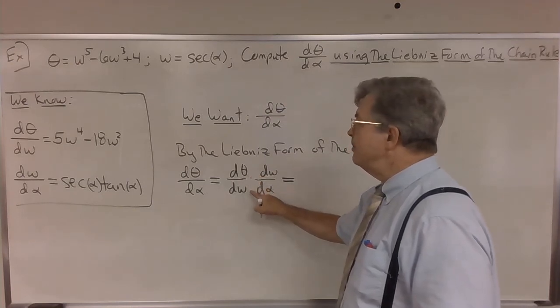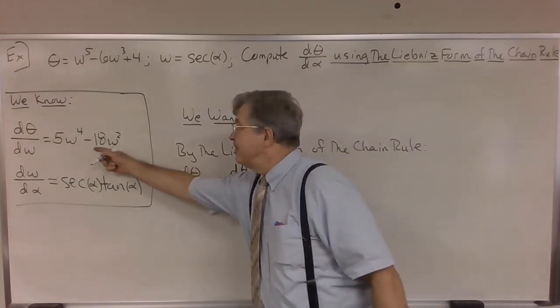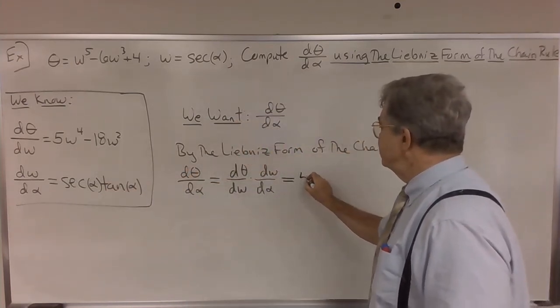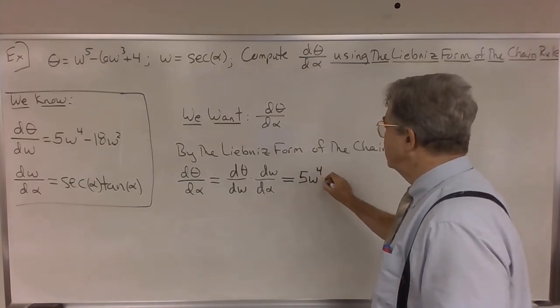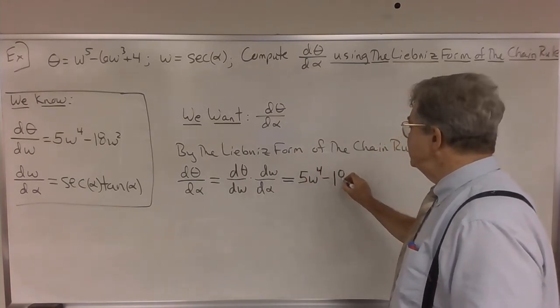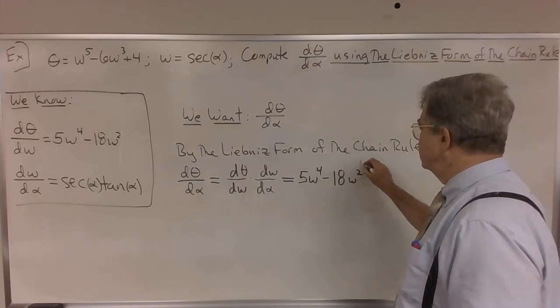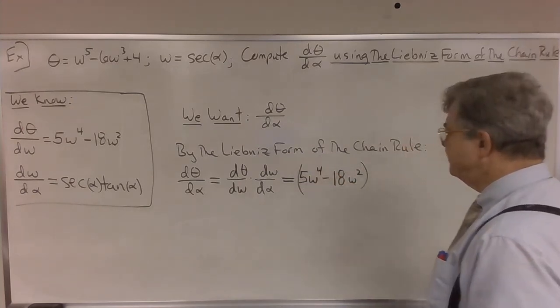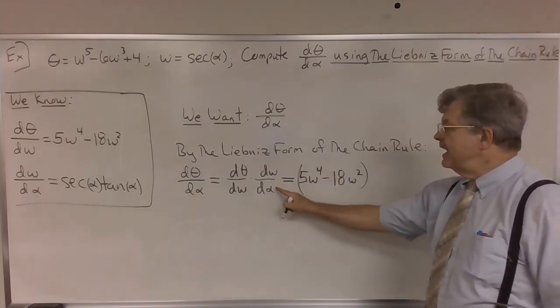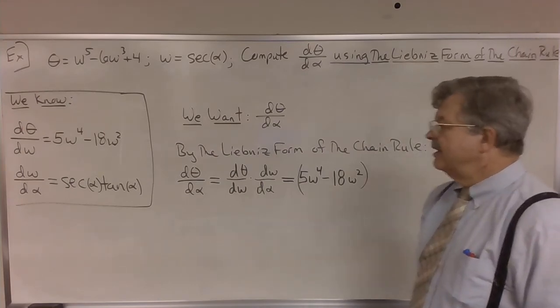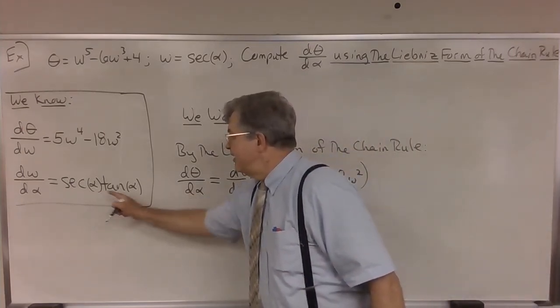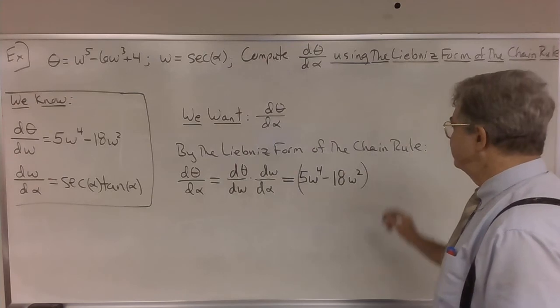D theta dw, that's 5w to the fourth minus 18w squared. And dw d alpha, that's secant alpha times tangent alpha.